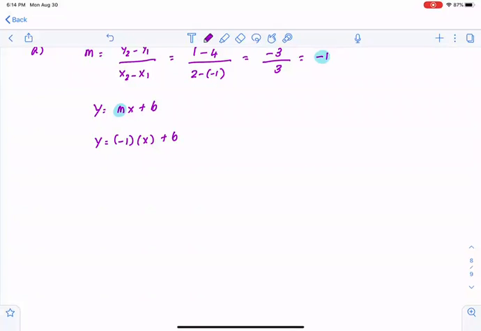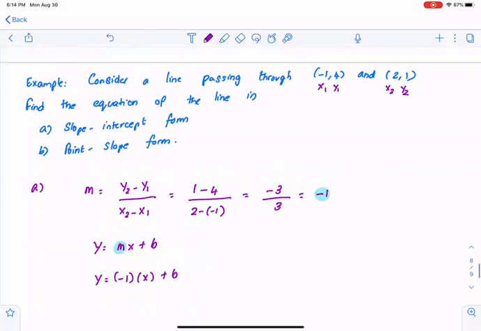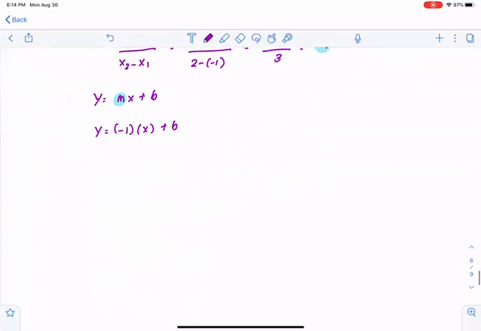Now we have to solve for b. To solve for b, you can either pick the first point or the second point. It doesn't matter. The answer will be the same. I'm going to pick the second one because I don't see any negative signs. The second point is (2, 1).